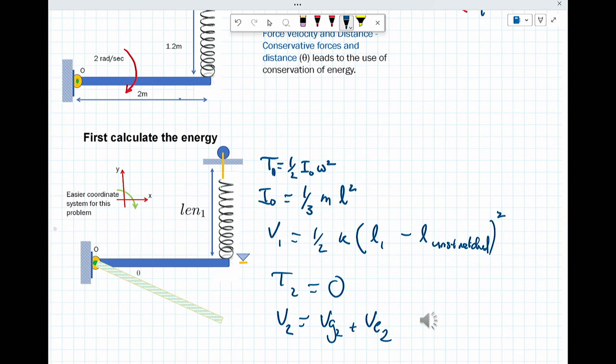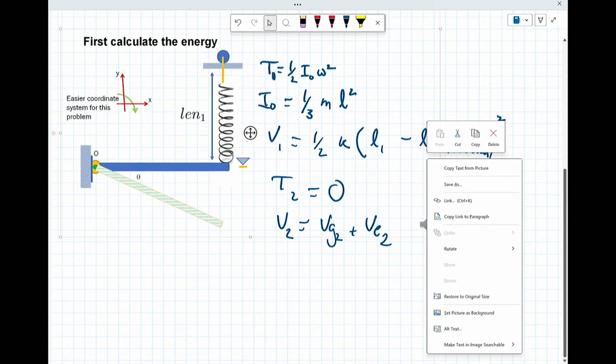You have spring potential that you're going to deal with, which is 1/2 k (L1 minus L unstretched) squared. T2 is equal to 0, and V2 is equal to something else.